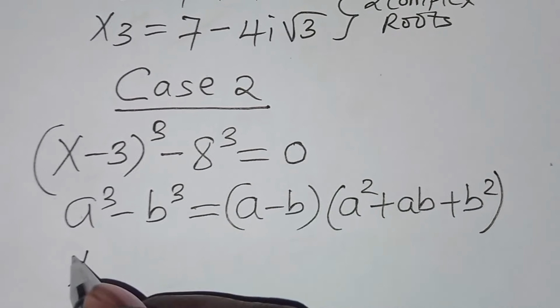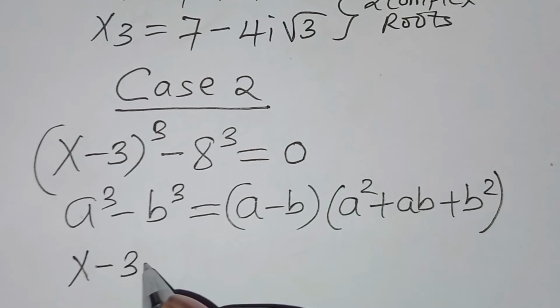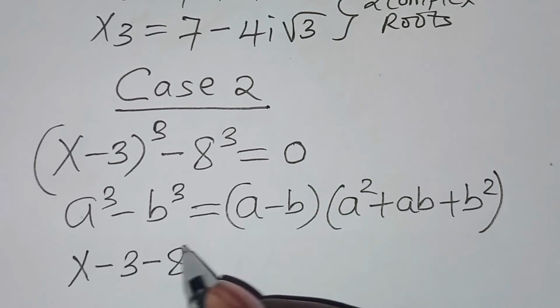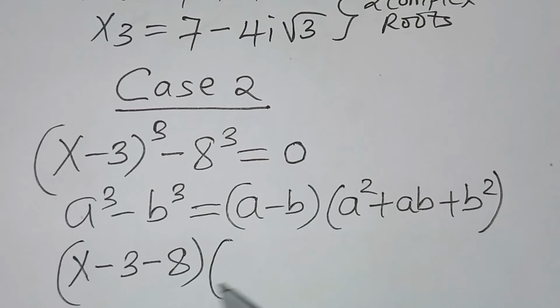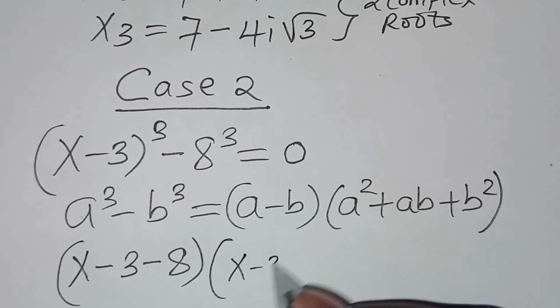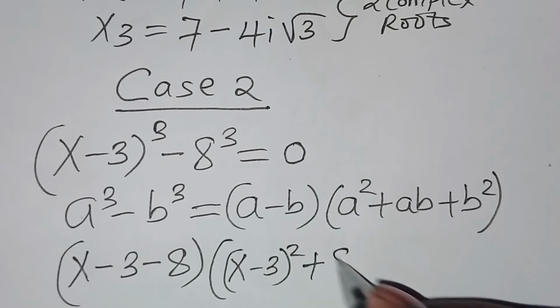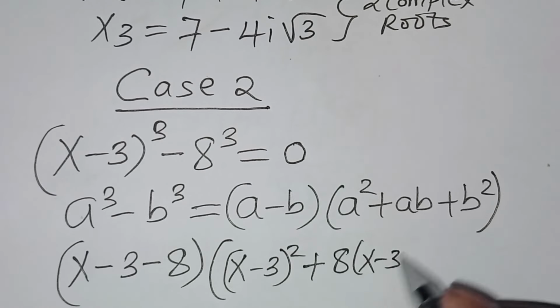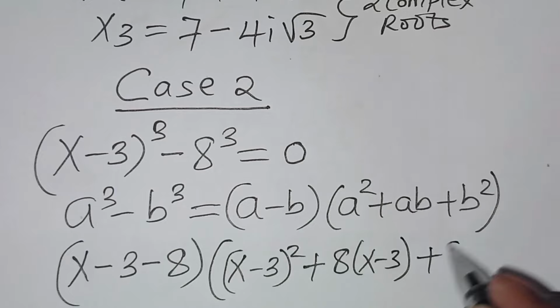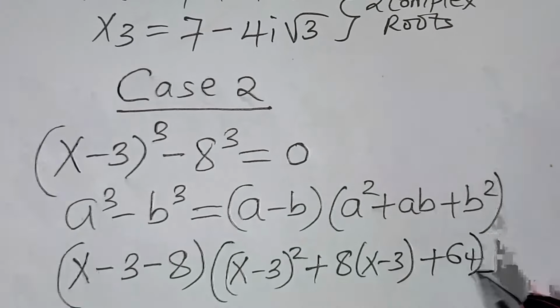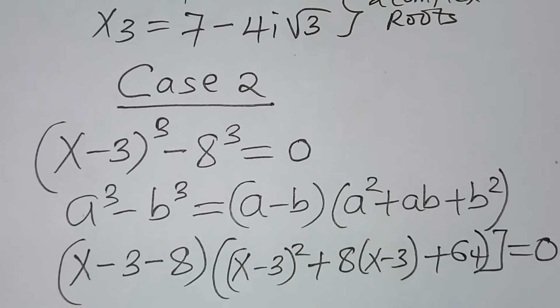Substituting this, we'll have here x minus 3 minus 8, then here we'll have x minus 3 squared plus 8 multiplied by x minus 3 plus 8 squared, which is 64. Close the bracket here. This is equal to 0.